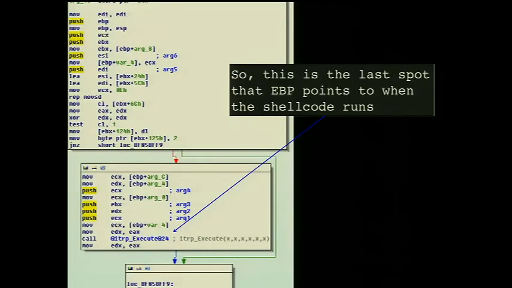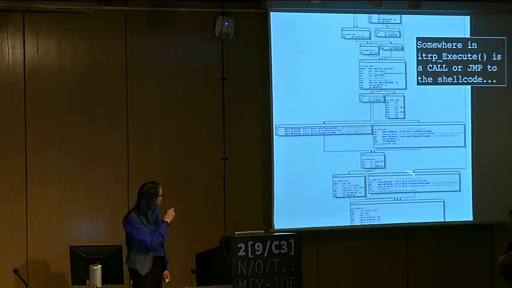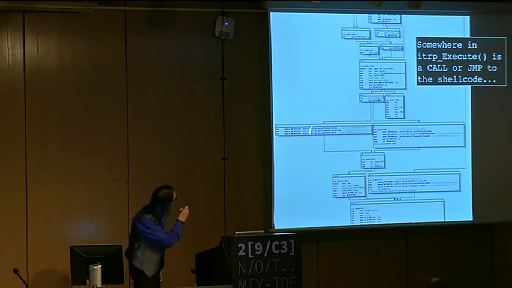So anyway, several hours pass, and you go down the code, you get to there, and then you go down somewhere here. Hang on a second. Somewhere down in here, there's got to be a call or a jump that goes to the shellcode. Logically, it has to be somewhere in this function.